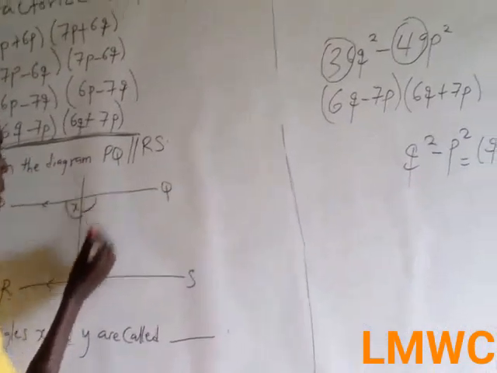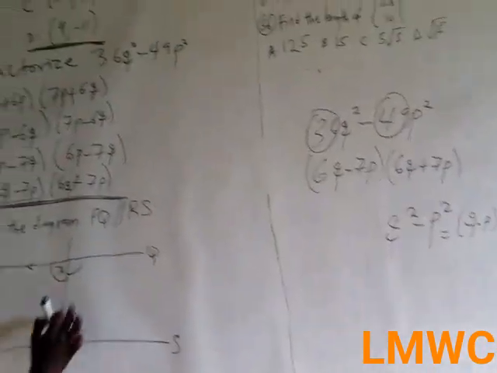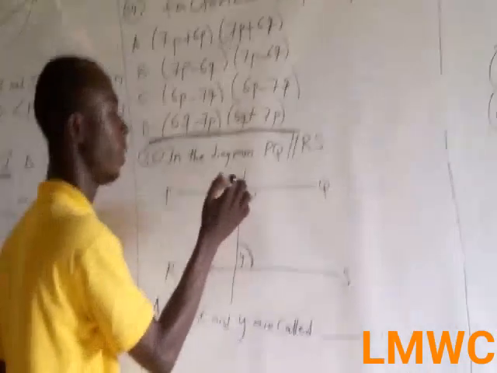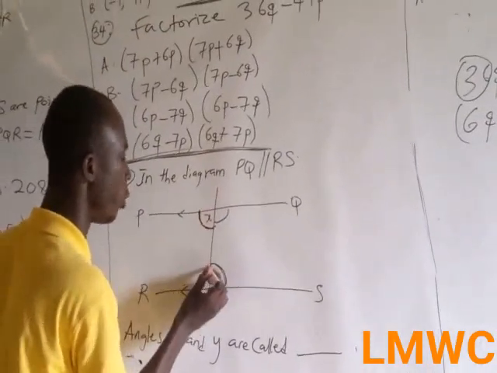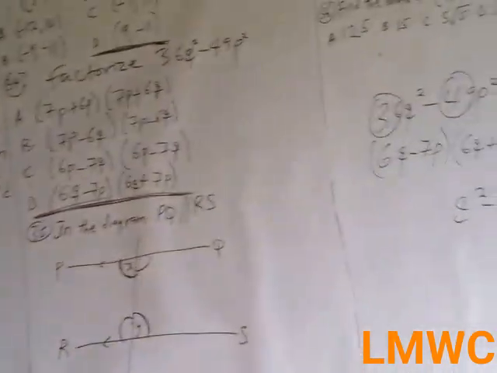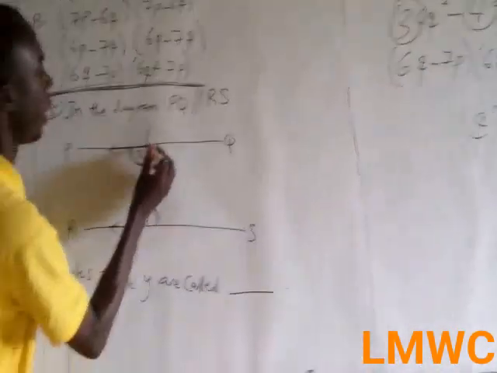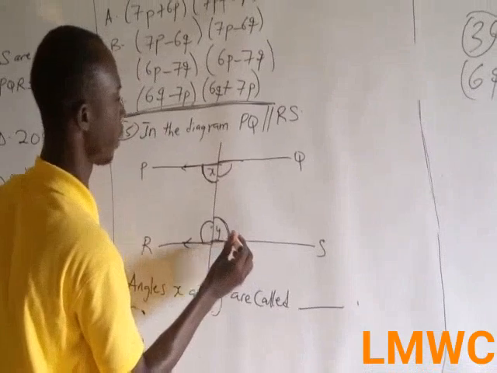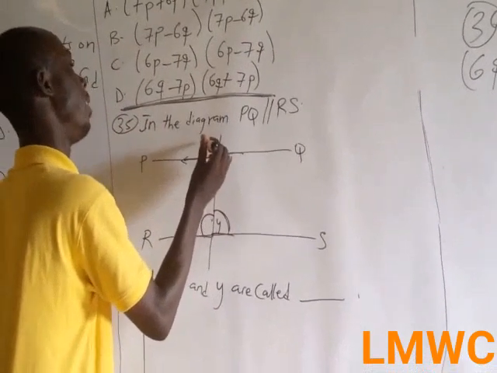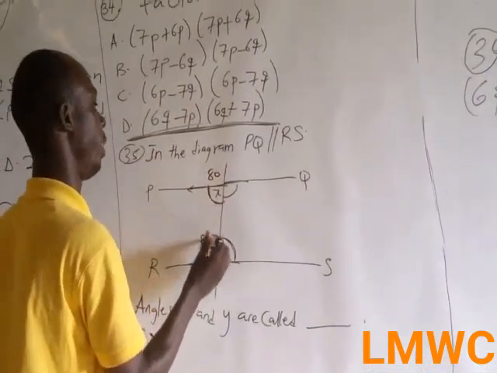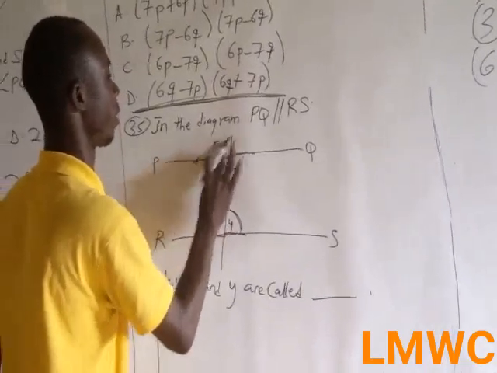This plus this angle will give you 180. Corresponding angles, no. This corresponds to this, and this too corresponds to this. So if here is 80, here too is 80. That's corresponding angles.